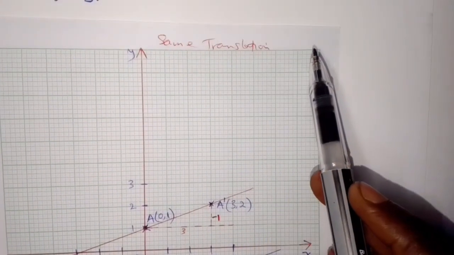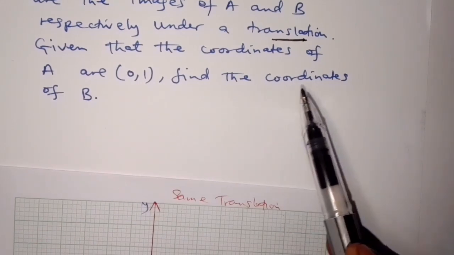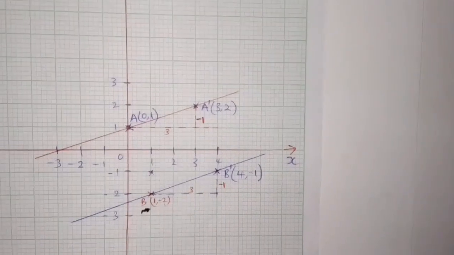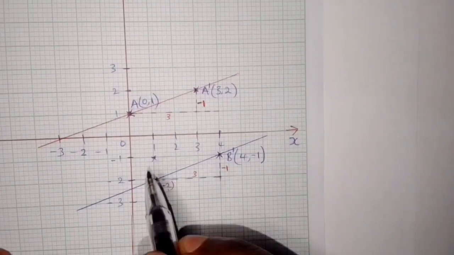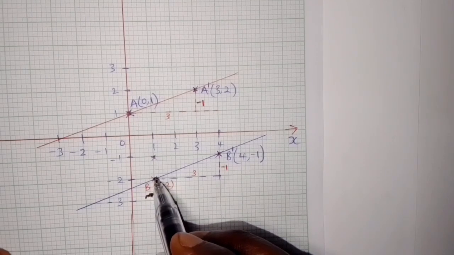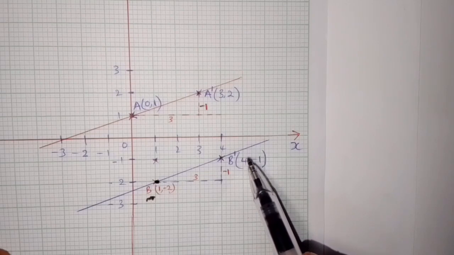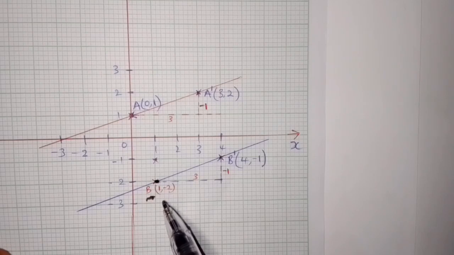We want to find the coordinates of B. We want to find this coordinate here. We have been given B prime, but B, the coordinate of B, we have not been given.